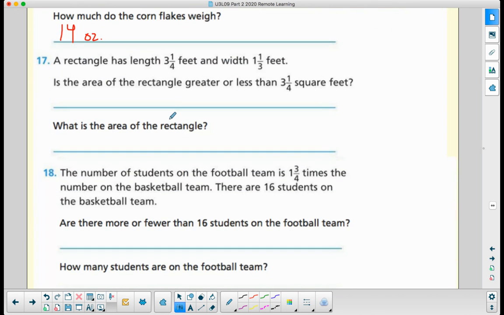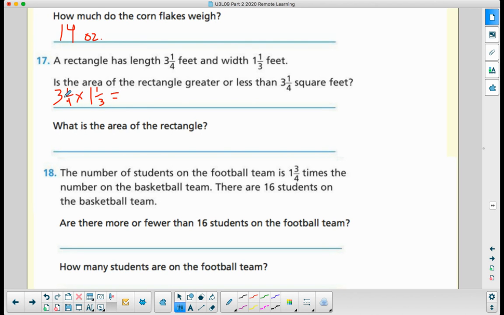Number 17. A rectangle has length 3 1/4 feet and width 1 1/3 feet. Is the area of the rectangle greater than or less than 3 1/4 square feet? Well, area equals length, 3 1/4, multiplied by width, 1 1/3, so that would be the area.